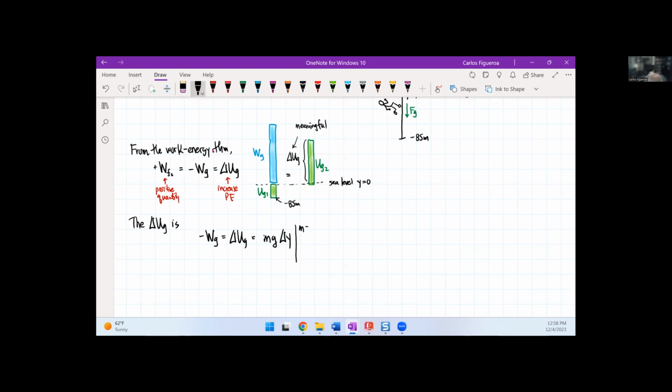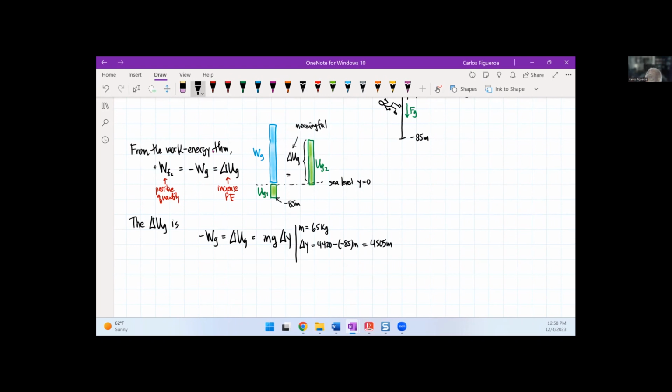We know the mass of the runner is 65 kilograms. And we know that the height change is going to be 4420 minus 85 meters, and that quantity gives us 4505 meters.